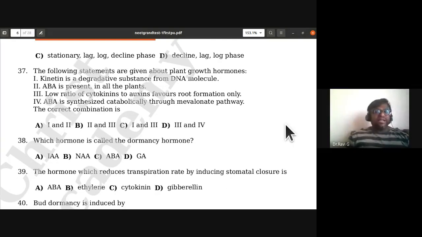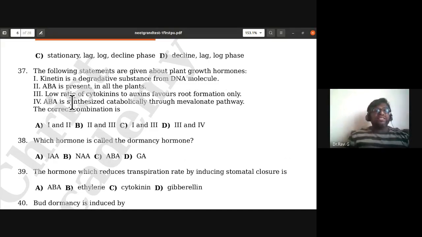The following statements are given about the plant growth hormones. We have to find the correct combination. Kinetin is a degradative substance from DNA molecule. ABA is present in all the plants. Low ratio of cytokinins to auxins favor root formation only.